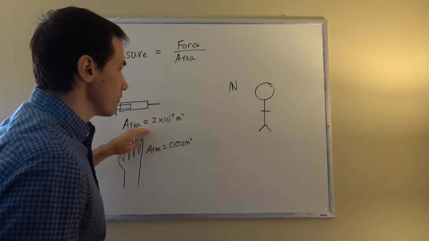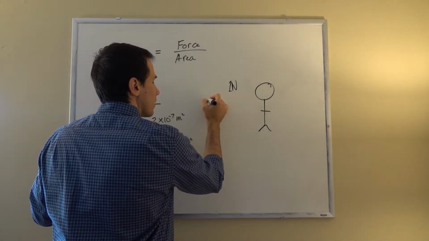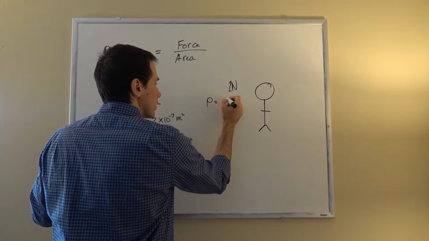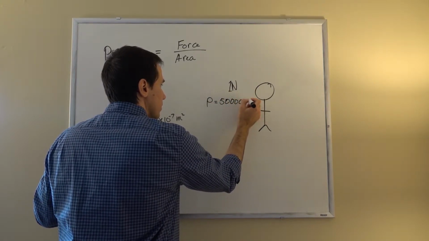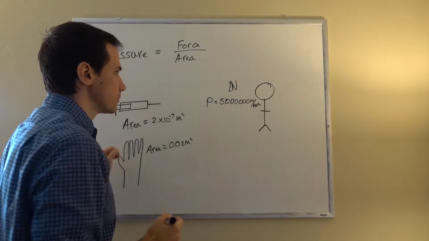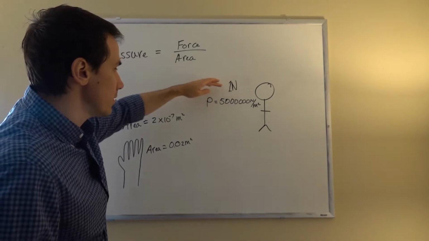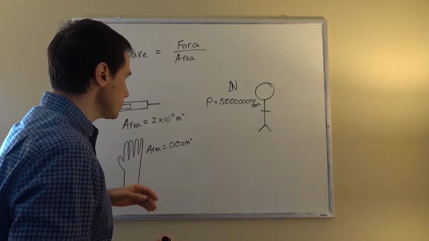With this surface area, a 1 Newton force applies a pressure of 50 million newtons per square meter. That's just 1 Newton divided by 2 × 10⁻⁷ meters squared.